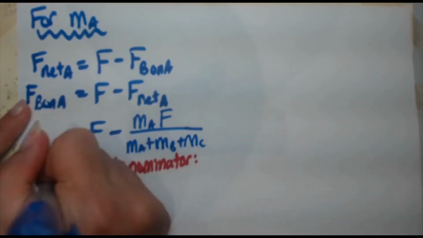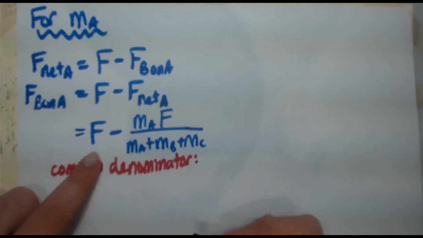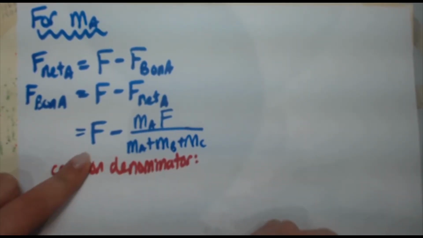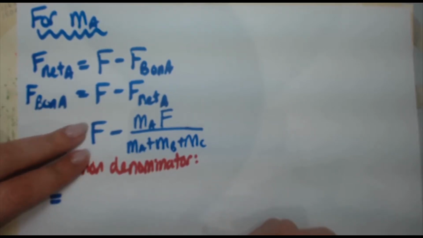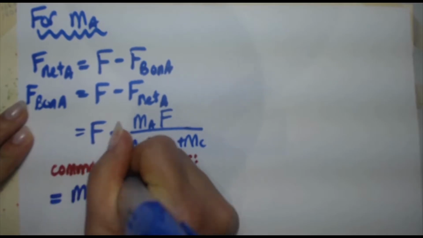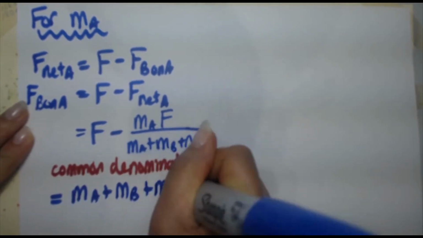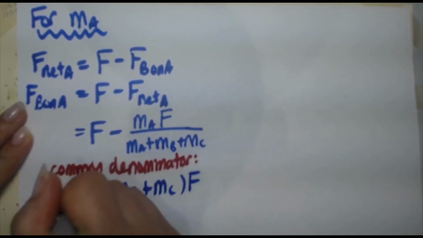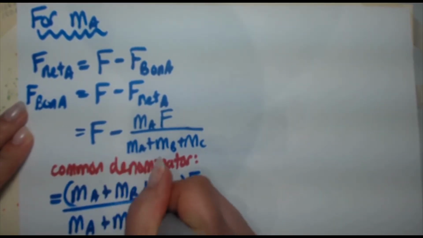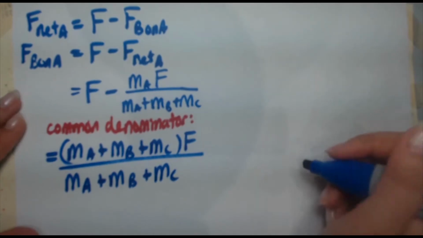If I put the common denominator of m_A plus m_B plus m_C down here, then I have to multiply it as well. Therefore, you're multiplying F by 1. So we get m_A plus m_B plus m_C times F over m_A plus m_B plus m_C.